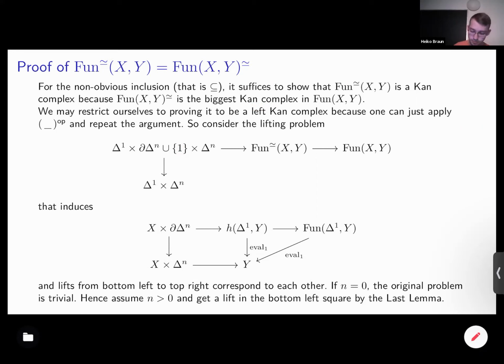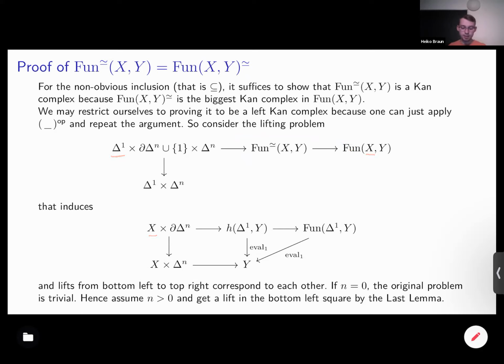We need to show that in here, this always exists. Okay, then let's take the whole diagram, so that this goes to here, and adjoin it again. So what we do is we put the delta 1 over to the other side, and the x goes over here.